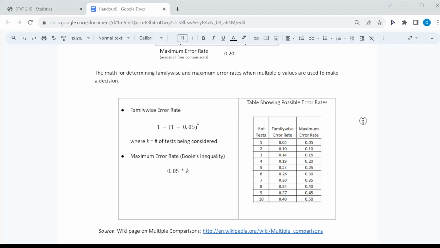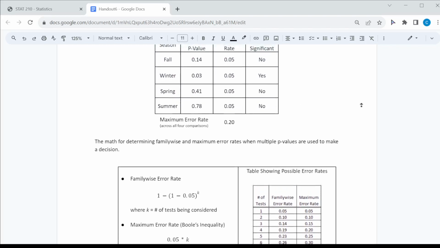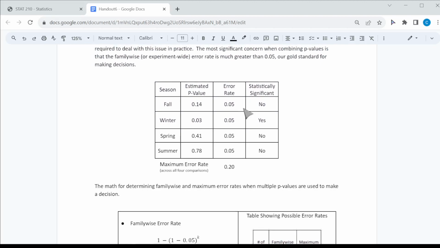There is a shortcut idea. It turns out that it doesn't work very well, but that is called Bonferroni's approach. And what Bonferroni says is instead of using 0.05 on each of these, why don't you use 0.05 divided by 4? Because then my maximum error rate would be 5%, right?